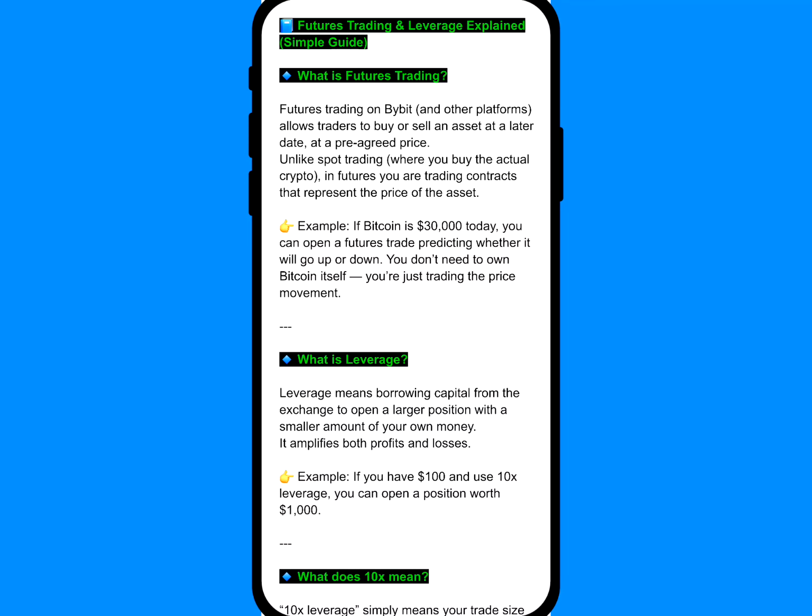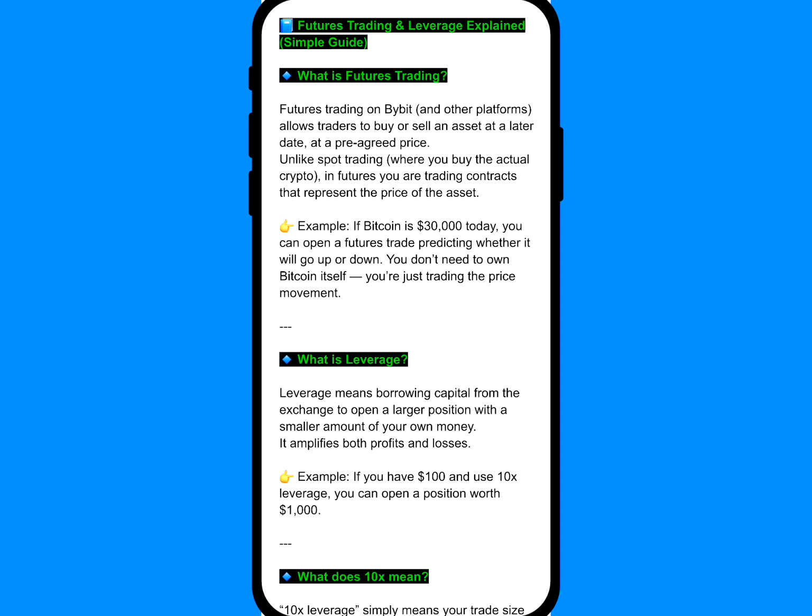Futures trading on Bybit and other platforms allows traders to buy and sell an asset at a later date at a pre-agreed price, unlike spot trading where you buy the actual crypto. In futures, you are trading contracts that represent the price of the asset.